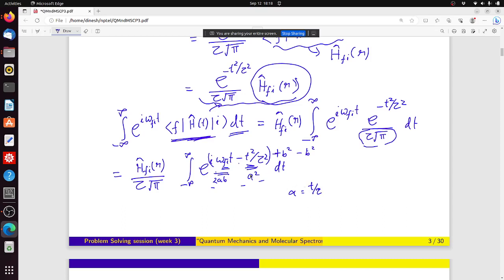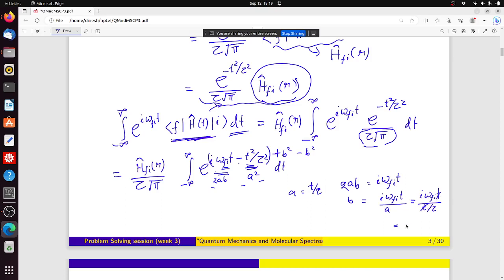If a is t over tau, then 2ab is i omega phi t. So my b will be i omega phi t over a. This is i omega phi t over tau.